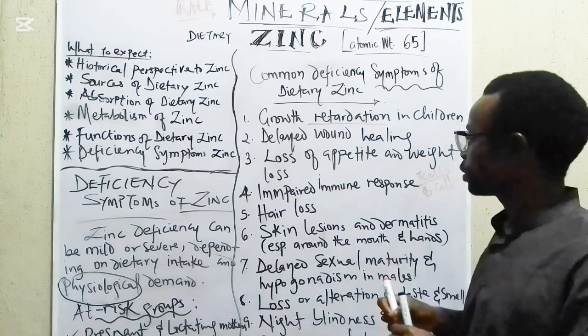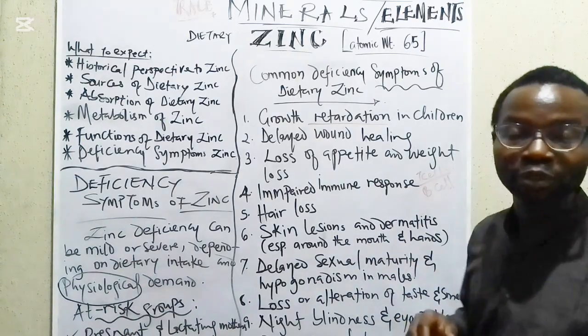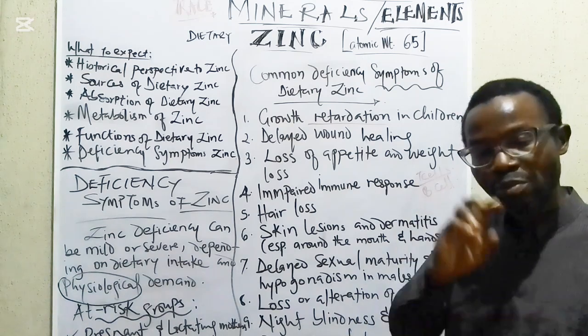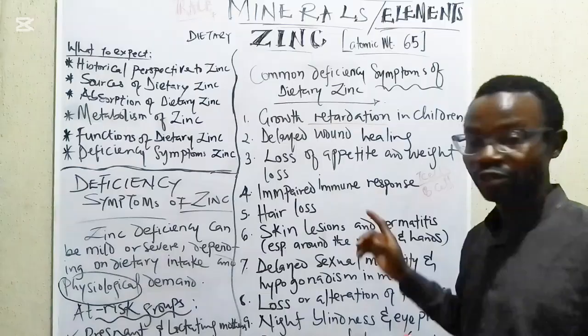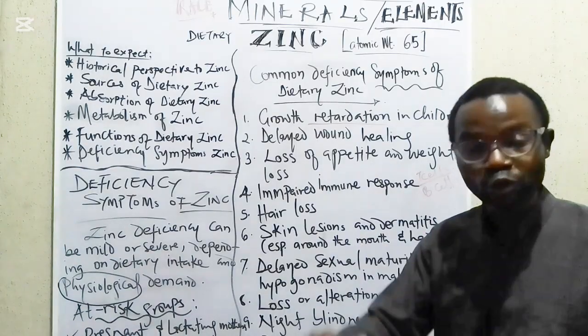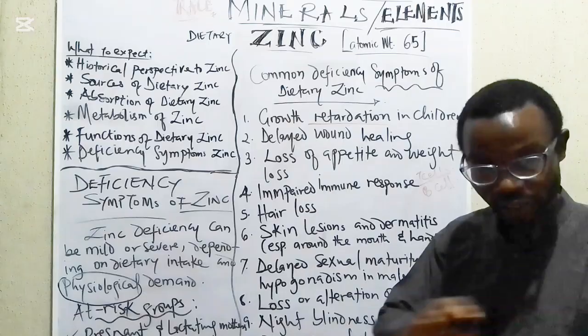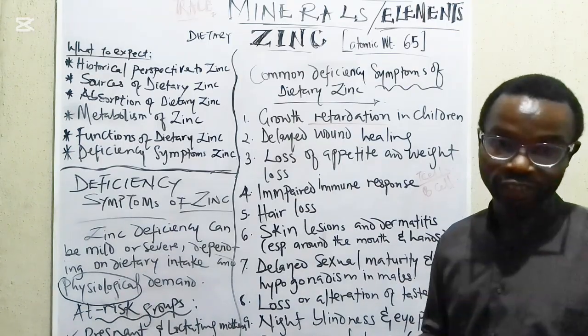So it helps in the immune response. Once the building of T cells, B cells and NK cells is impaired, it affects the immune system. The immune system is compromised, and that animal or human becomes susceptible to disease caused by pathogens.